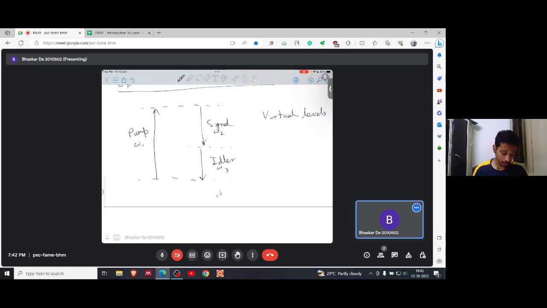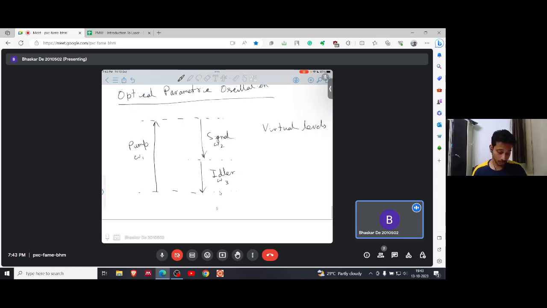So there is a photon omega 1 absorbed and then two photons are generated from there, one is omega 2 and another is omega 3. The intense input beam at frequency omega 1 is known as the pump frequency. The desired amplified frequency omega 2 is the signal frequency and the unwanted frequency omega 3 is the idler frequency. This process is used most often in the infrared frequency range where tunable lasers are not as readily available as in the visible portion of the frequency spectrum.